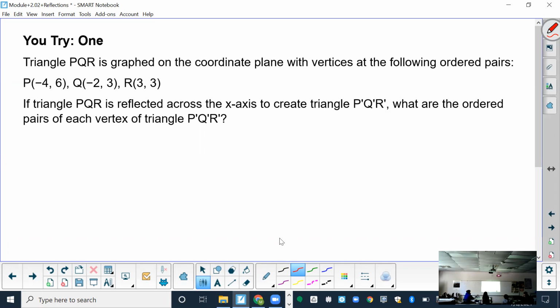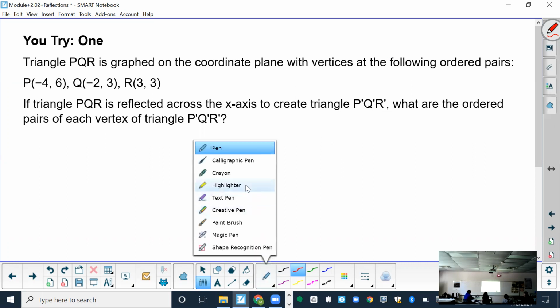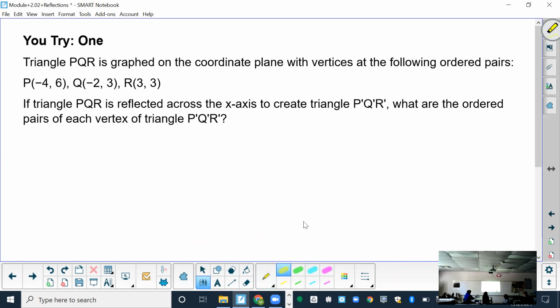All right, so what is the important part here that tells us what we need to do, or what rule we need to follow? All right, exactly. Where it's reflected across can tell us what rule to use. So across the x-axis will be the same rule that we always use when it's across the x-axis.